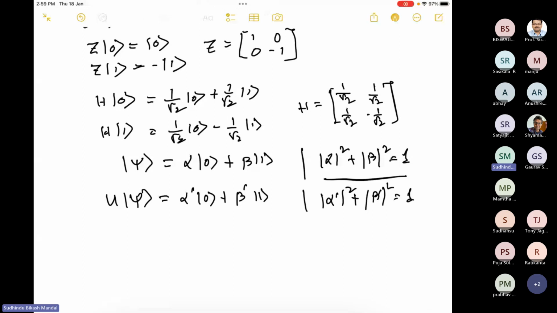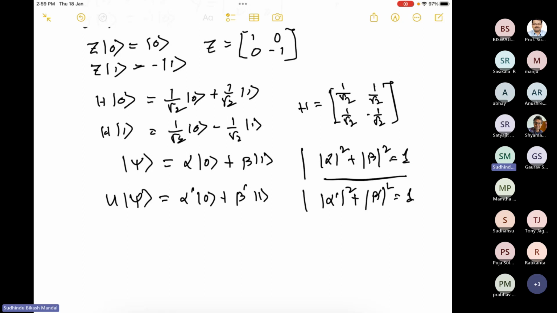So anything cannot be a quantum operator. There should be some condition to be a quantum operator. What is this condition? We need to find an operator which can preserve the norm of this qubit.